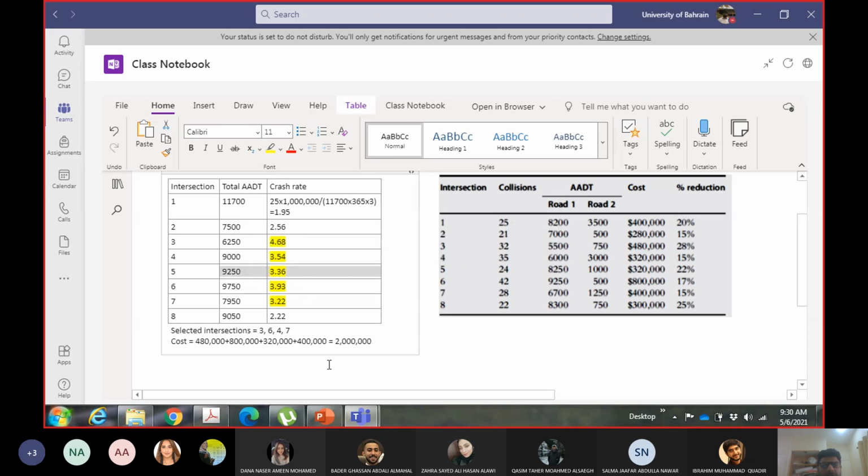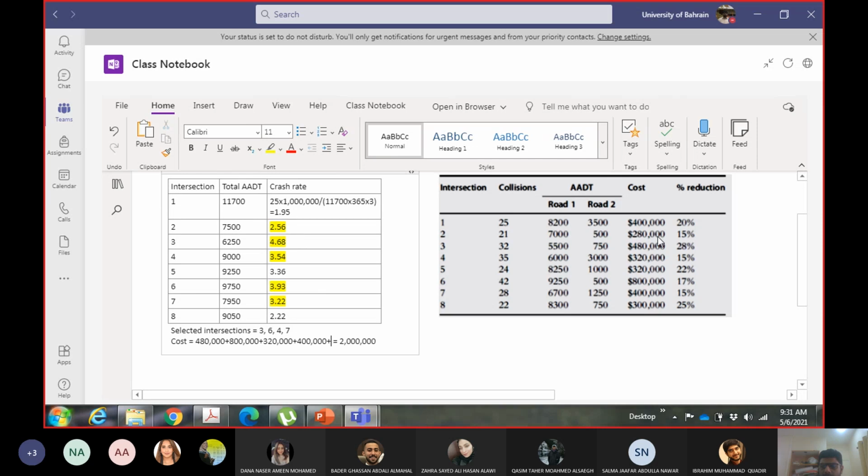Okay. So if we don't select this one, then we have done for 2 million. So then you have utilized 2 million. Still, if you add number 5, it will go over the budget, right? So if you add the next one, which is 2.56, then how much you are adding?